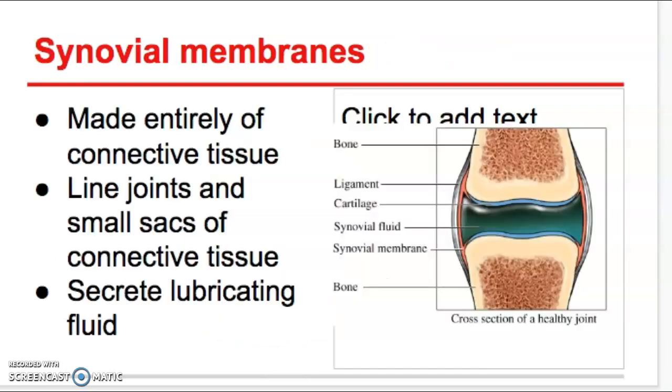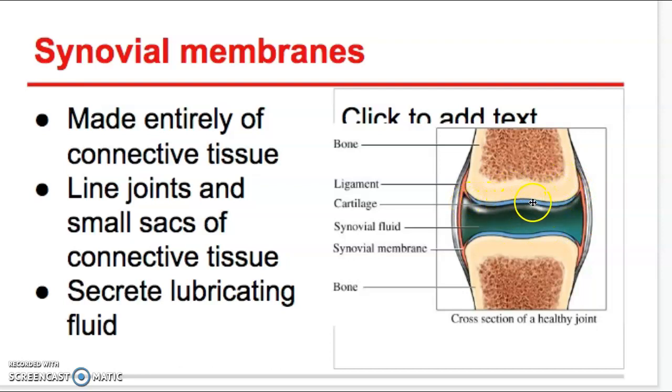The other type of membrane we have is a connective tissue membrane, and it's the synovial membrane. So in the majority of our joints between the 2 bones, there's a little cushion, and that cushion is made from a sac of connective tissue. And on the inside of that sac of connective tissue is fluid called synovial fluid. So the connective tissue is known as the synovial membrane. And this is really important in protecting the ends of our bones.